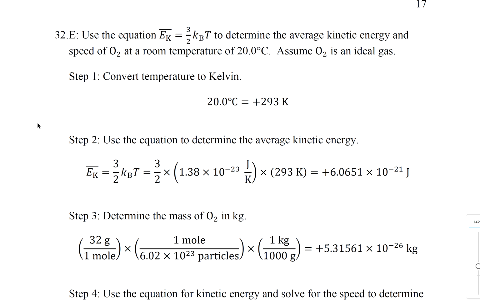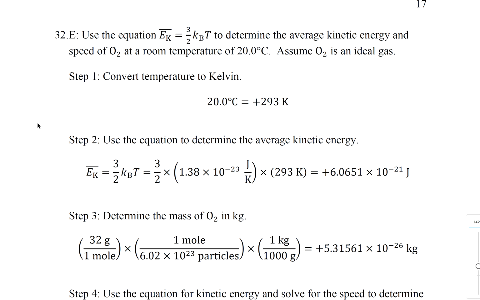Question 32. Use the equation average kinetic energy equals 3/2 k sub B T to determine the average kinetic energy and speed of O2 at a room temperature of 20 degrees Celsius.